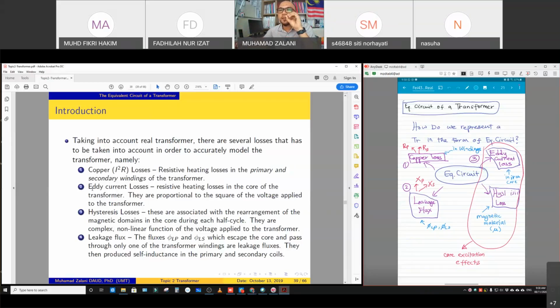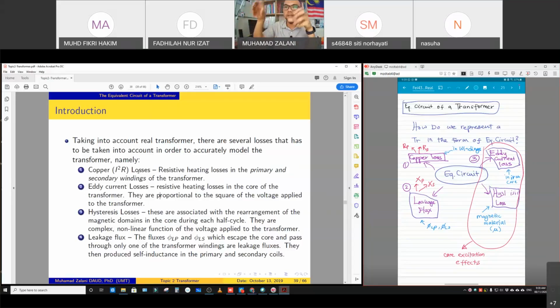The second one is eddy current loss, which is related to resistive heating losses in the core of the transformer. So eddy current is also about resistive heating, similar to the copper loss. But this one is inside the core. Copper loss is for the wire that we use. But the eddy current loss is about the ferromagnetic material, like iron, for example, cobalt, nickel.